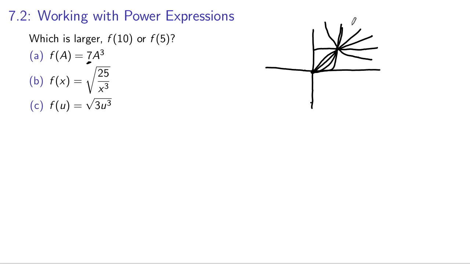So each time when you're going this direction from the graph, as the power gets bigger, if the power is positive and x is bigger than 1, then the values go up.